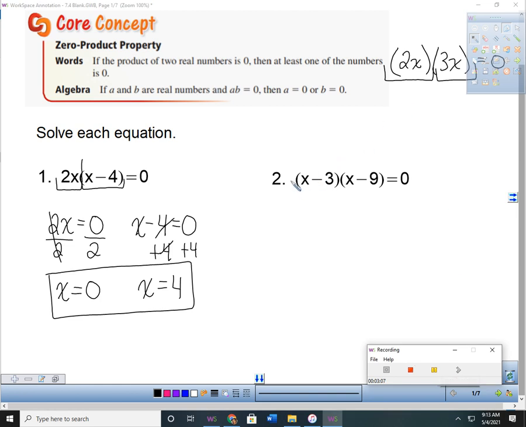So on number 2, we have a factor of x minus 3, and we have a factor of x minus 9. I'm going to take each of those factors and set them equal to 0. Over here, I'm going to solve for x. I will add 3.